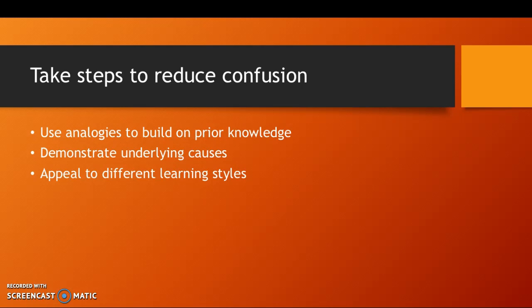So just because you understand what it is doesn't mean that your audience will understand. So you want to avoid faulty assumptions, and so you want to tell us exactly what's going on. And then you want to appeal to different learning styles. This is a little bit difficult in an online setting because you can't really interact with your audience.